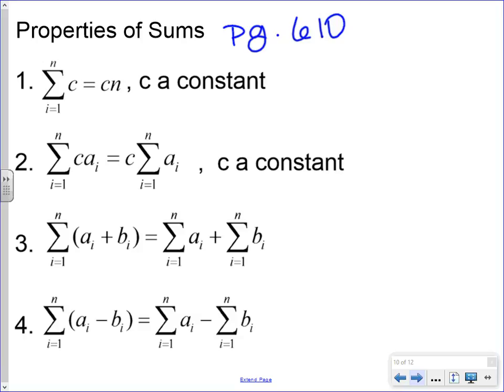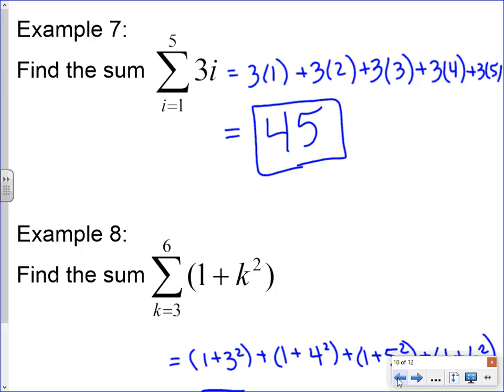This means right here, if you have a constant multiplied to your rule, you can either keep it in the sum or you can move it outside of the sum. That means that over here, we could have just added up 1 plus 2 plus 3 plus 4 plus 5 and then multiplied by 3.